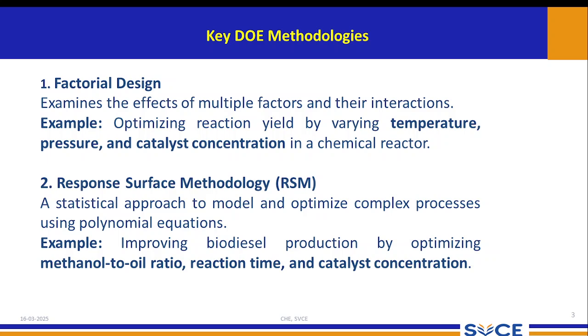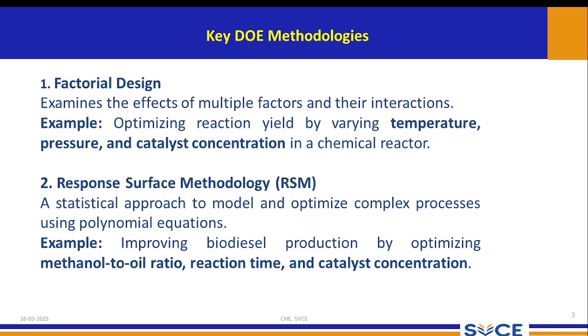An example of factorial design is optimizing the reaction yield by varying the temperature, pressure, and catalyst concentration in a chemical reactor. I have given an example with the reactant concentration; here they have mentioned the catalyst concentration. For this case, we need to go for a factorial design. Then, when do we need to go for response surface methodology? These are all design of experiments methodologies to optimize the process.